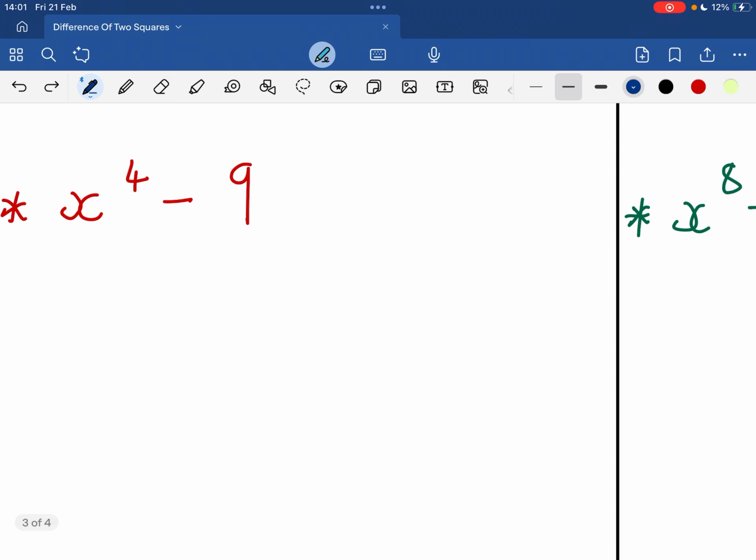What about x to the 4 minus 9? Here, we're going to open two brackets. But since we have x to the 4, the square root of x to the 4 is actually x squared. It's not x, but x squared. In fact, a very interesting part of variables is that the square root of a variable is just that variable and half of its exponent.